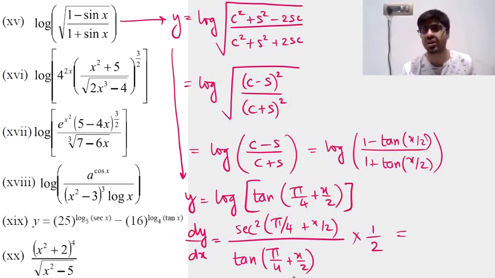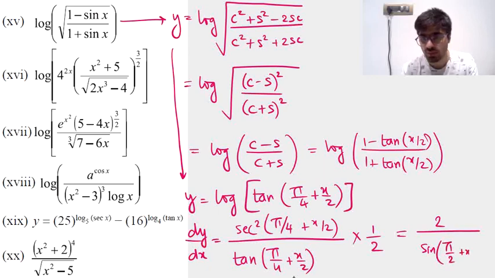You multiply the numerator and denominator with 2, so you are left with a 2 in the numerator. In the denominator it will be sine 2 theta, that is sine of pi by 2 plus x, and then there is this into 2 here. So this 2 and this 2 get cancelled. So sine pi by 2 plus x will be cos x, and 1 upon cos x will finally be sec x.